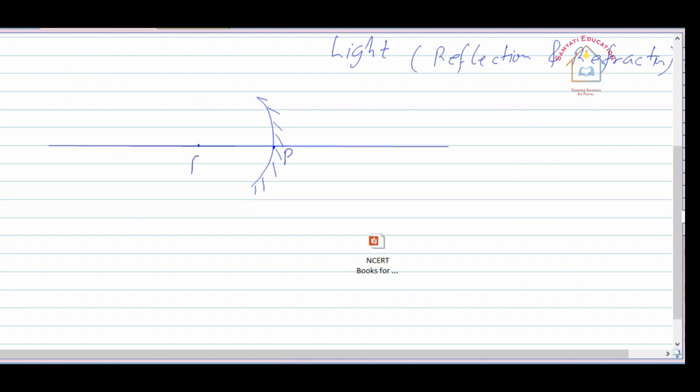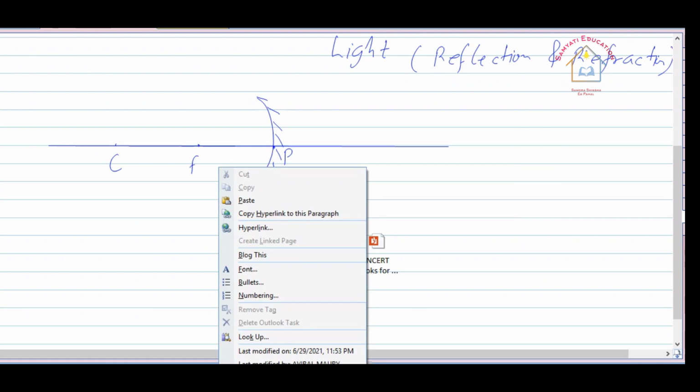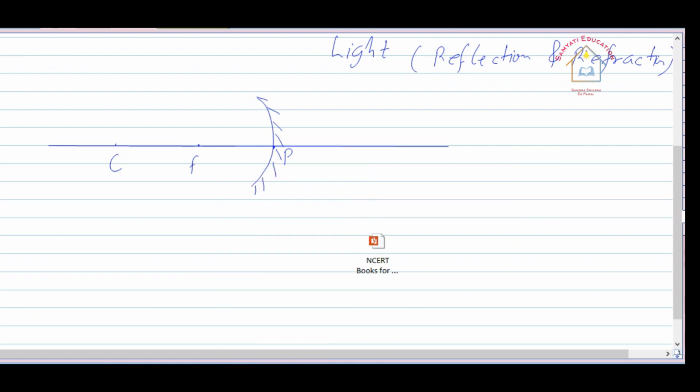If we put the object between the pole and focus, then if a ray of light goes parallel to the principal axis, it will be reflected through the focus.